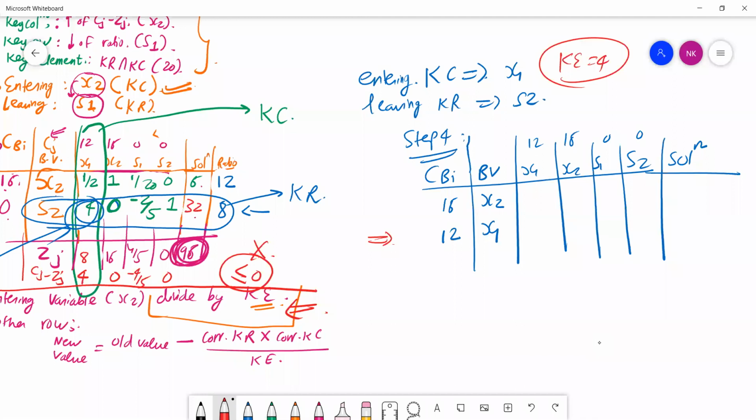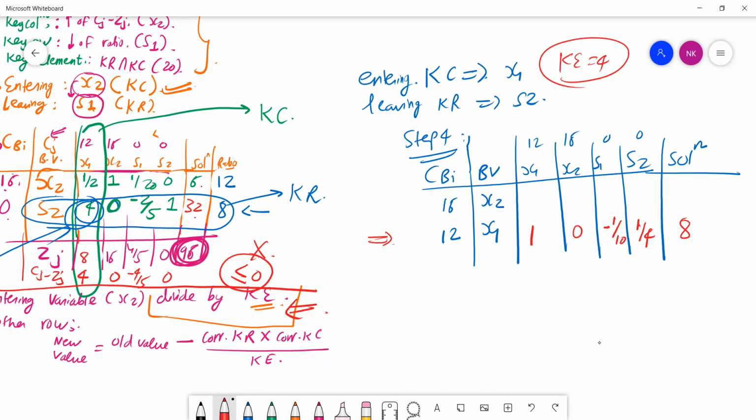Minus 2 by 5 divided by 4 will be minus 1 by 10. 1 divided by 4. Solution: 32 divided by 4, it's 8. So these are the values corresponding to our entering variable.